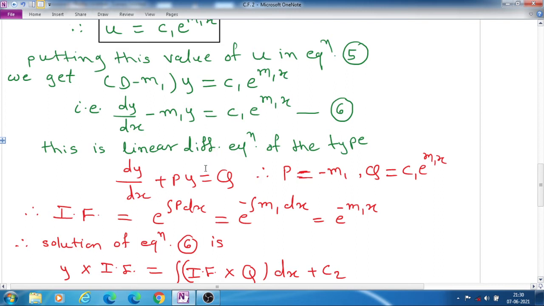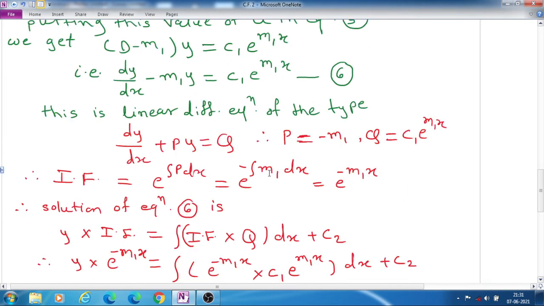So now this equation is a linear differential equation. The previous type we have studied, linear differential equation, was dy by dx plus p into y is equal to q. See here, the equation is dy by dx minus m1 into y, that means the value of p is minus m1, and the value of q is c1 e raised to m1x. So this is a linear equation. To solve it, we have to find the integrating factor.